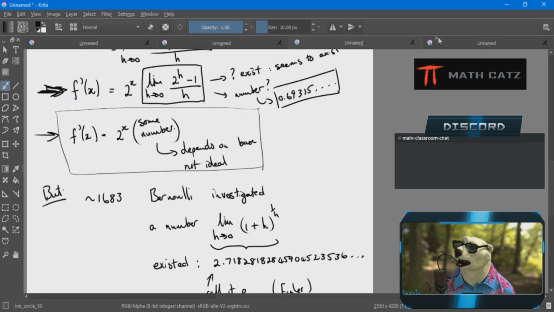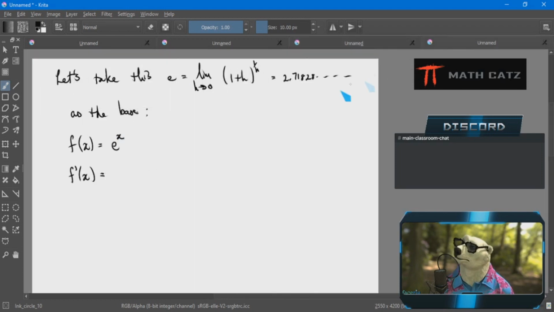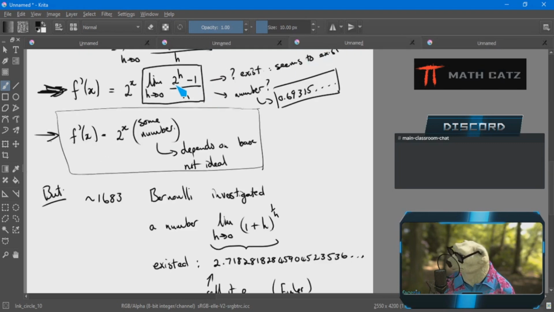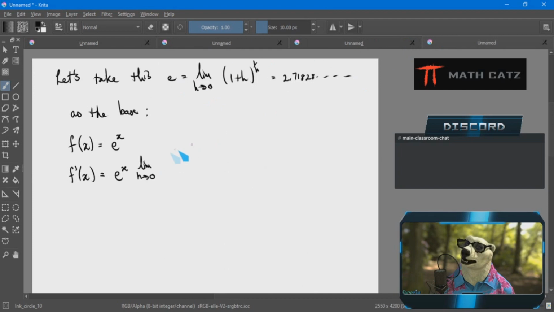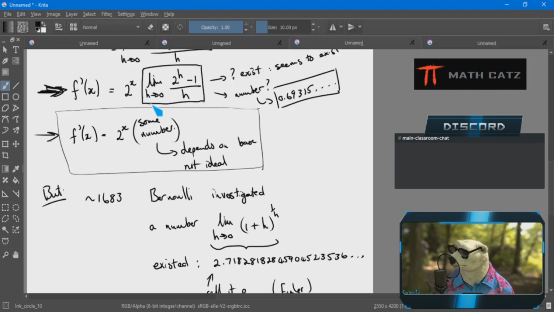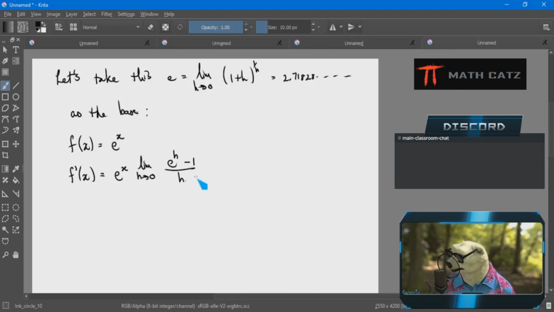I would follow the same limit definition, and I would get e to the x times limit h goes to 0. What did I get here? The original base to the h, minus 1 over h. It would follow the exact same. Changing the base replaces the 2's with whatever the new base is, and I have the same issue.